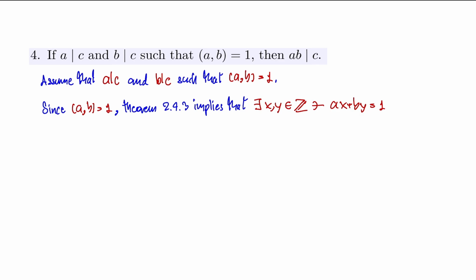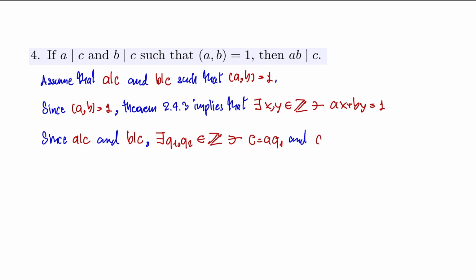And since a divides c and b divides c, we can use divisibility. So we have integers q1 and q2 such that c equals aq1 and c equals bq2.